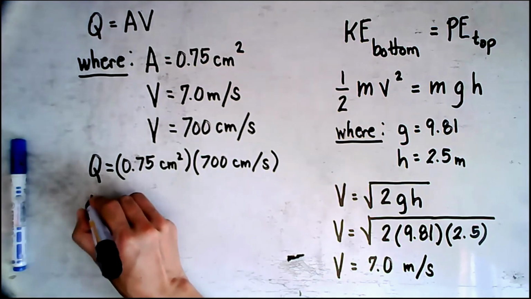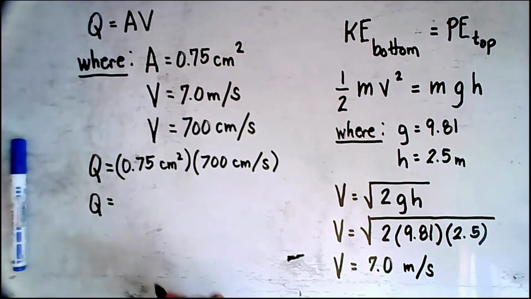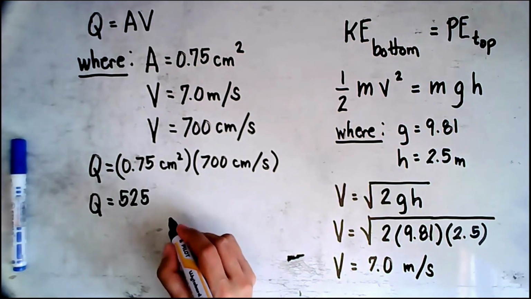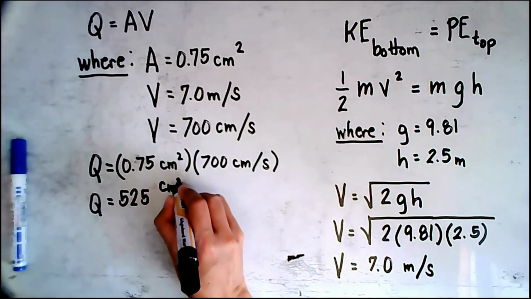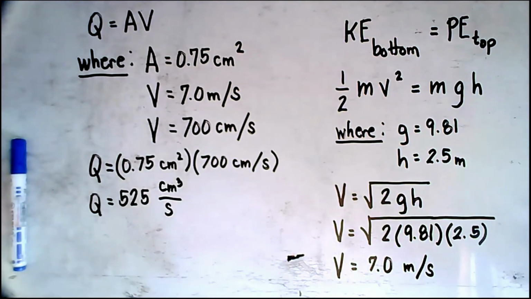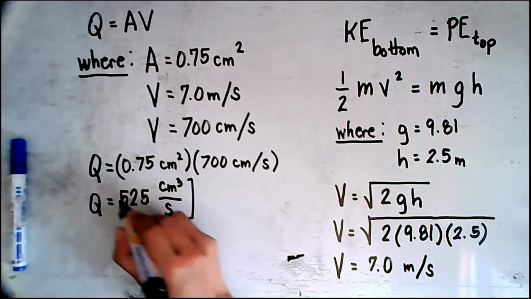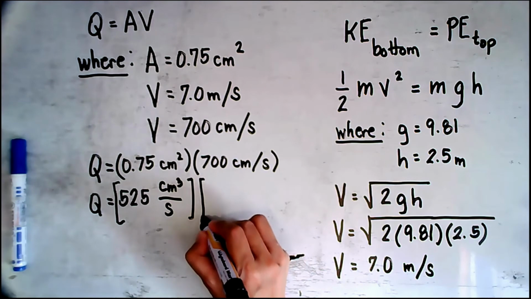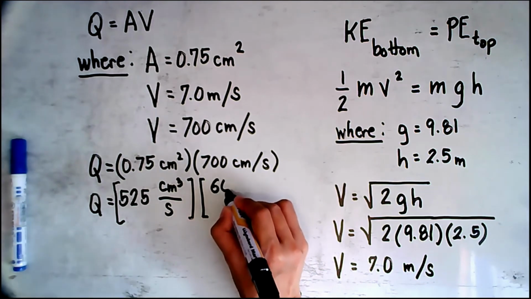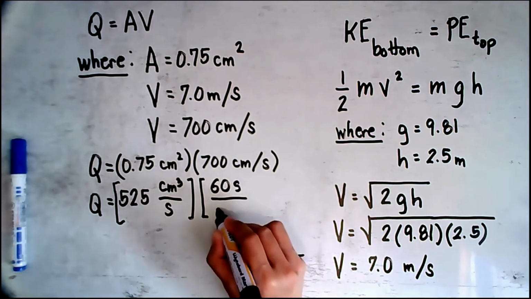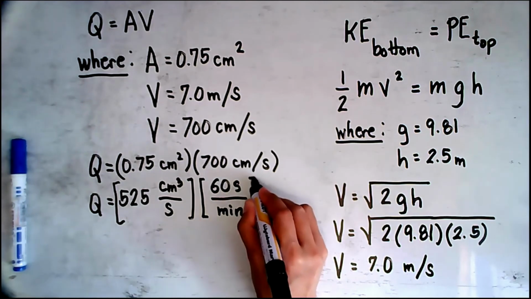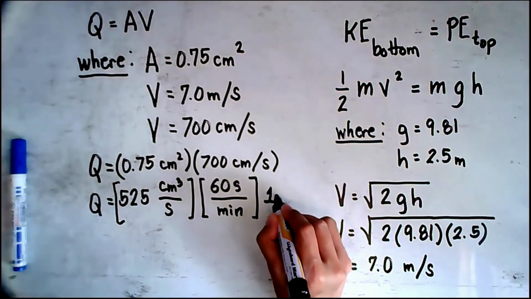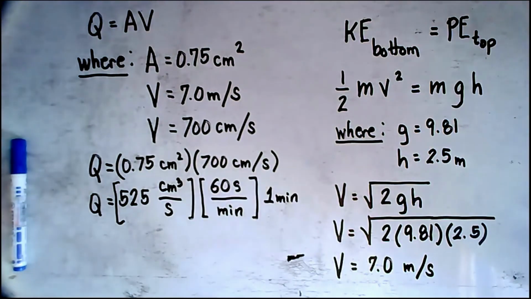Q is equal to 525 cubic centimeters per second. Then you convert this to per minute. We have 60 seconds for every minute, and since the question is the discharge in a minute, that means 1 minute.